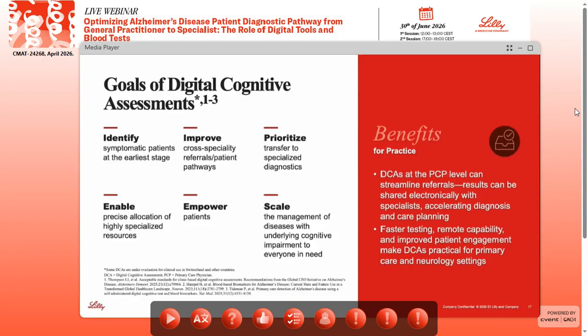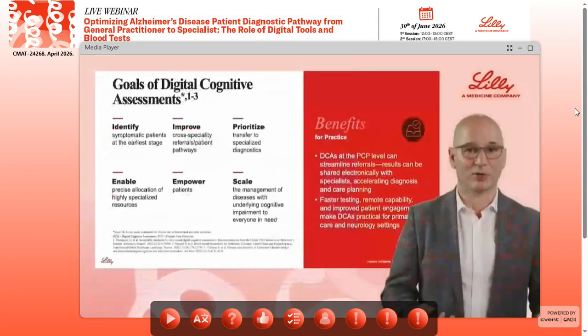Timely remote digital cognitive assessments can prioritize transfer to specialized diagnostics by having a robust triage of mild cognitive impairment. And they can enable the precise allocation of highly specialized resources at the specialist and memory clinic level. And in our experience, they can also empower patients.